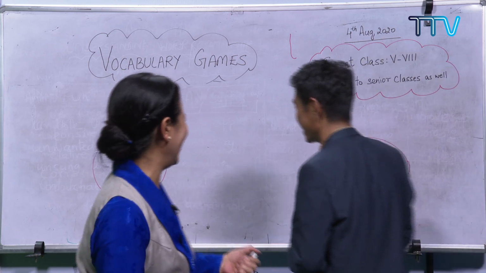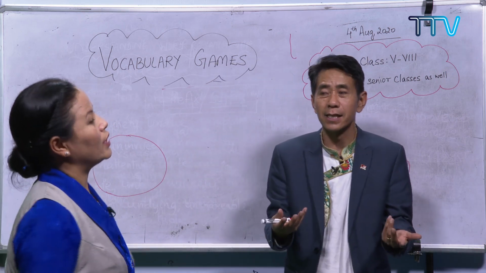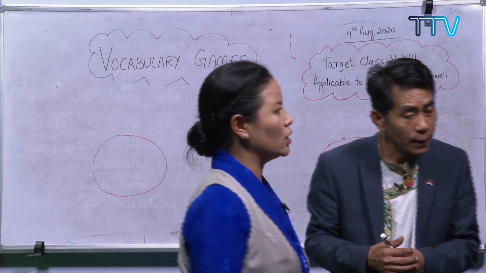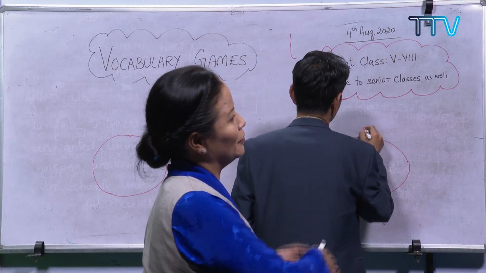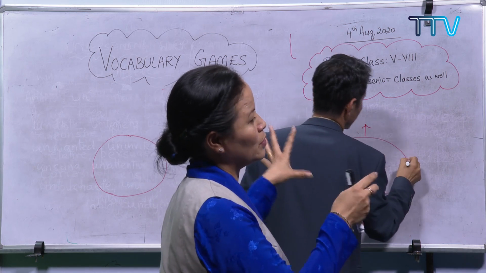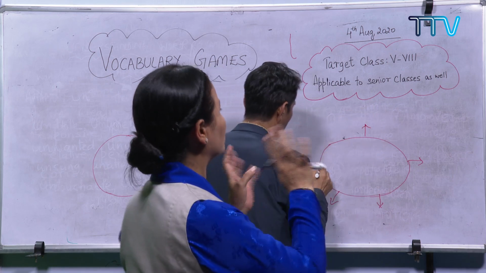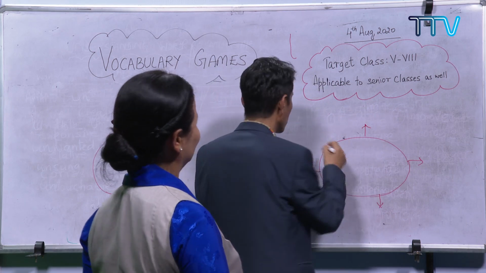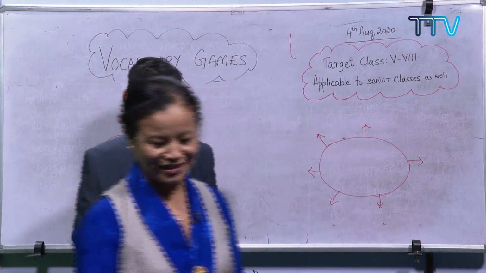For example, school, we can write middle school, high school. It's easy, isn't it? Chodula, you have to give us a word so that we can think of words where you have this word. Suppose school: middle school, high school, public school, private school. We can write so many things. This is going to be a little tricky, I feel.